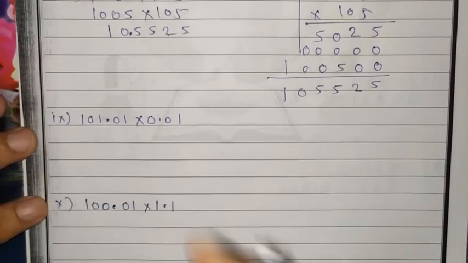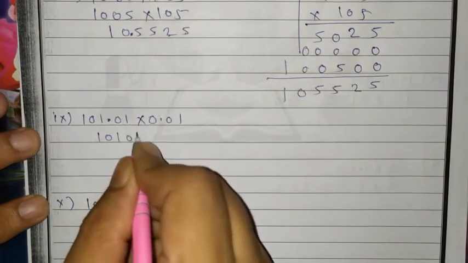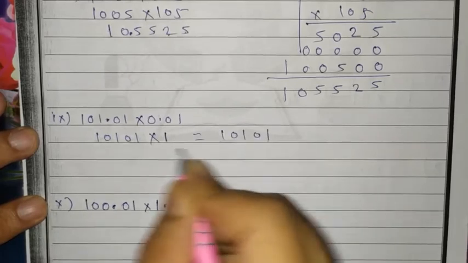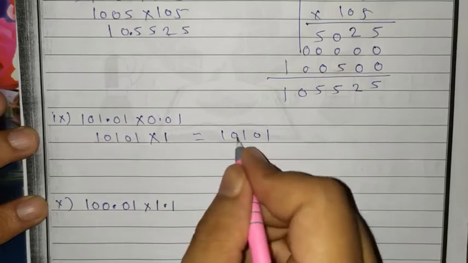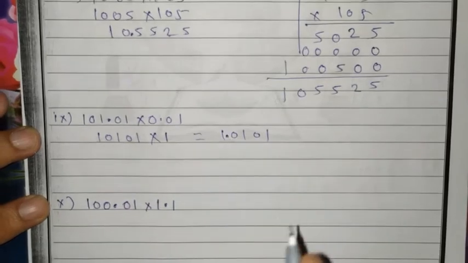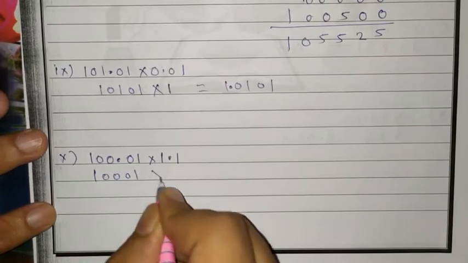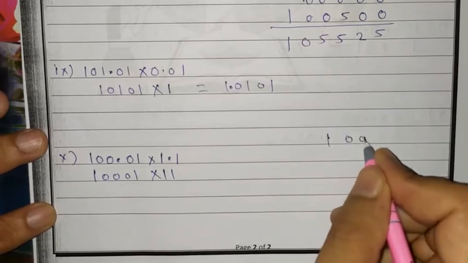Next one is the 9th one. Write the number as it is. So here only 1 is there, so we get the number as it is. After the point 4 numbers are there, so here you give the point. Next one, again write the number as it is, remove the point, now you do the multiplication.